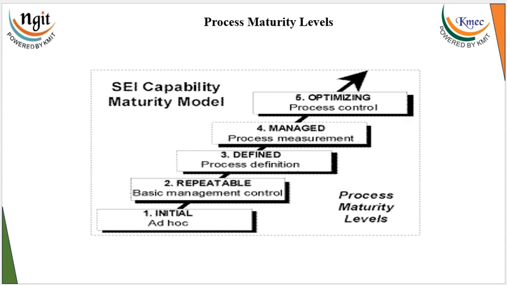So this is basically the management control. What is the cost that is supposed to be vested in your process? What are the schedules? What are the deadlines of your process? All this comes into consideration when you go with your repeatable process.